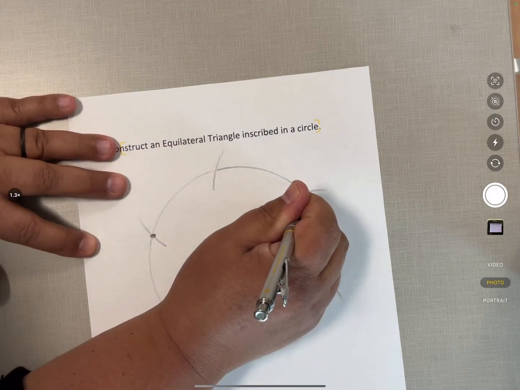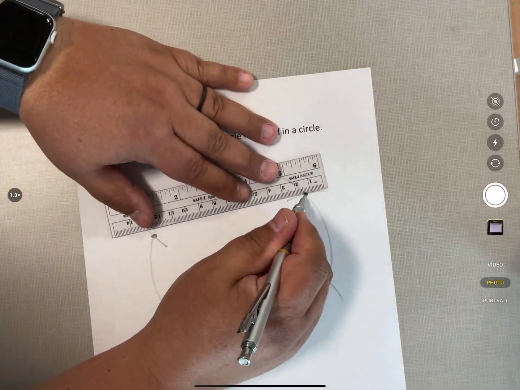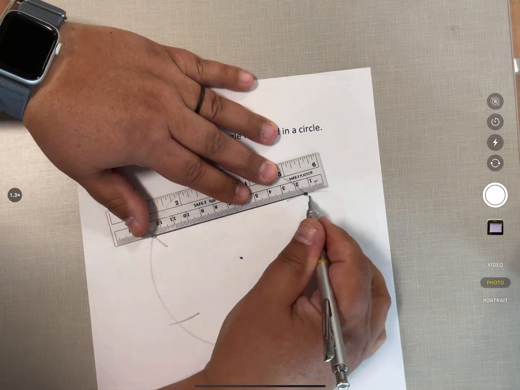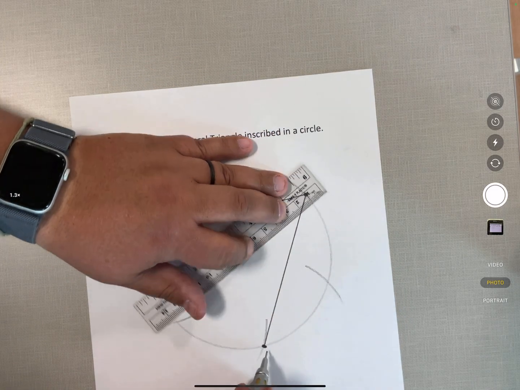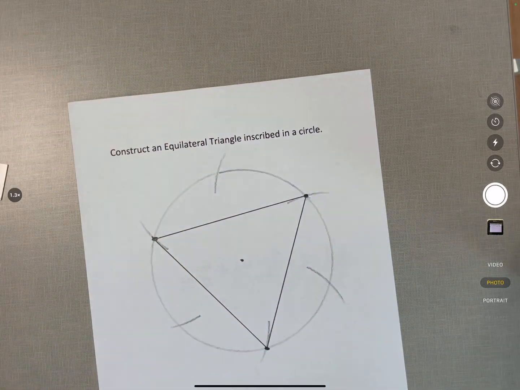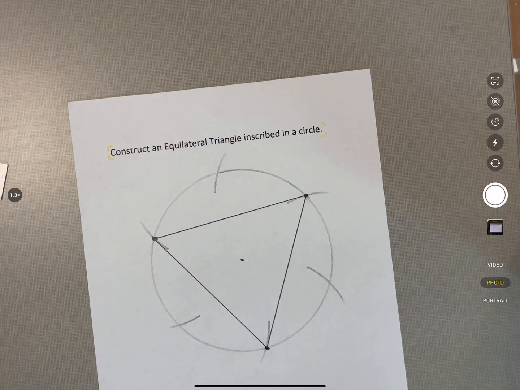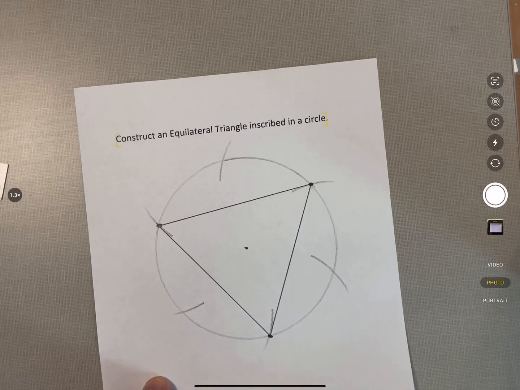And that gives me 3 vertices that will give me an equilateral triangle inscribed in a circle. And so that's how you construct an equilateral triangle inscribed in a circle. Okay, pause the movie, try that on your own. Press play when you are finished.